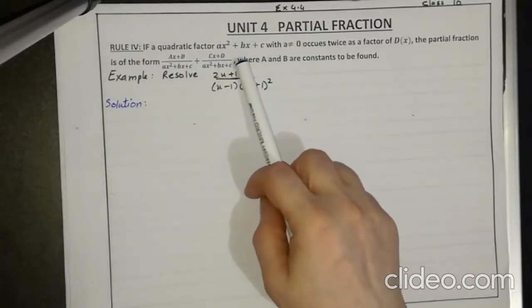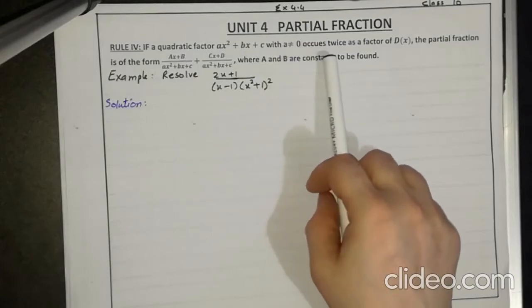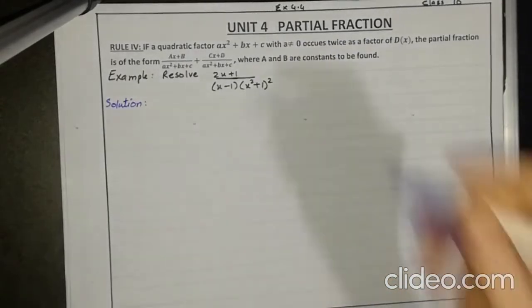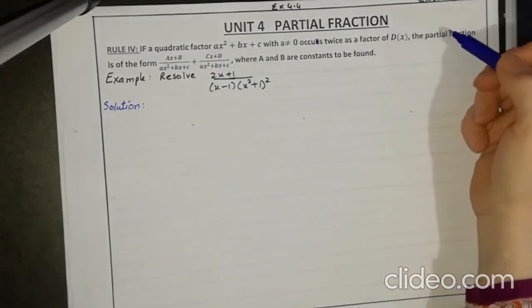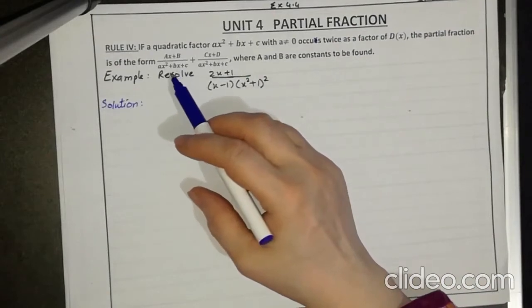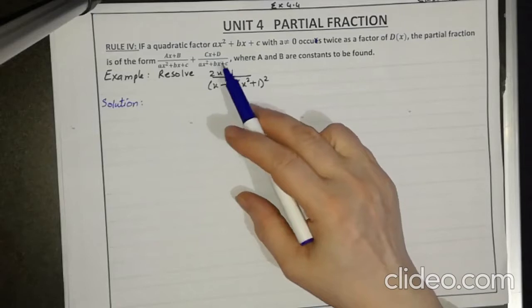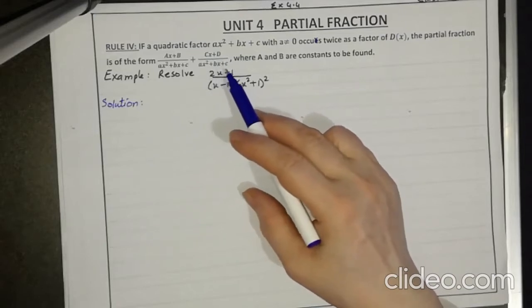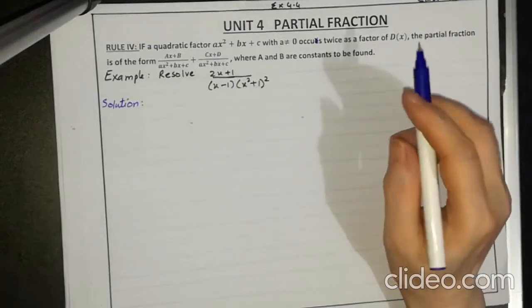If a quadratic factor ax square plus bx plus c, with a not equal to 0, occurs twice as a factor of the denominator, the partial fraction is of the form (ax plus b) over (ax square plus bx plus c) plus (cx plus d) over (ax square plus bx plus c) whole square, where a, b and c are constants to be found.